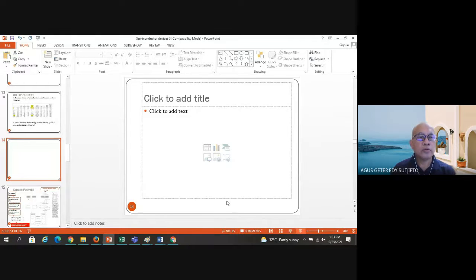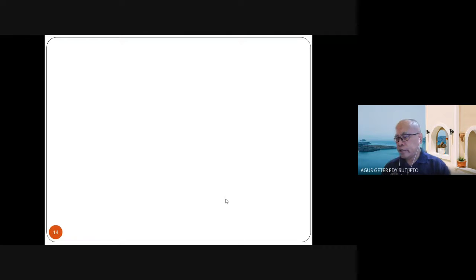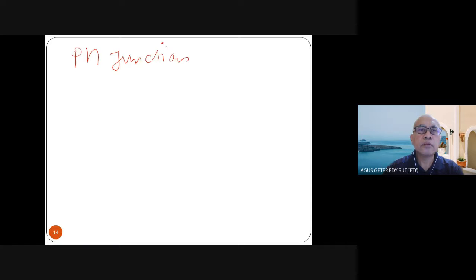As in the previous illustration, we have a PN junction. If you just recall last week, I make it more clear.